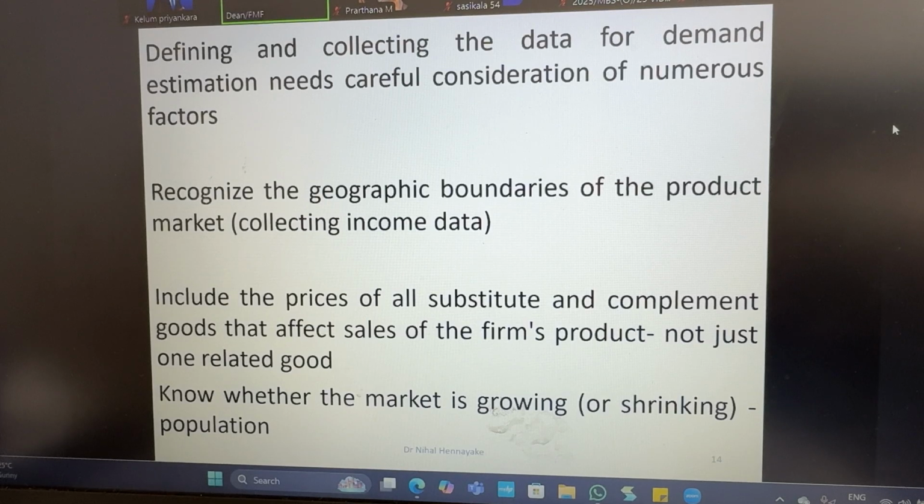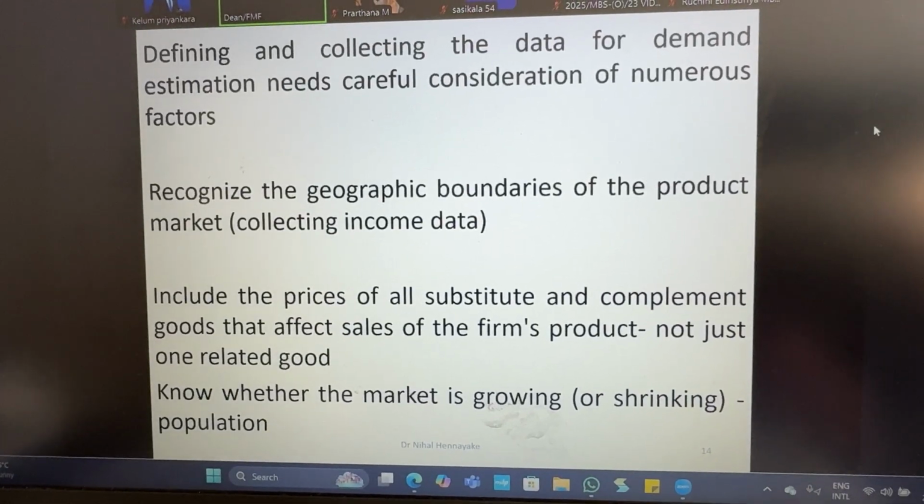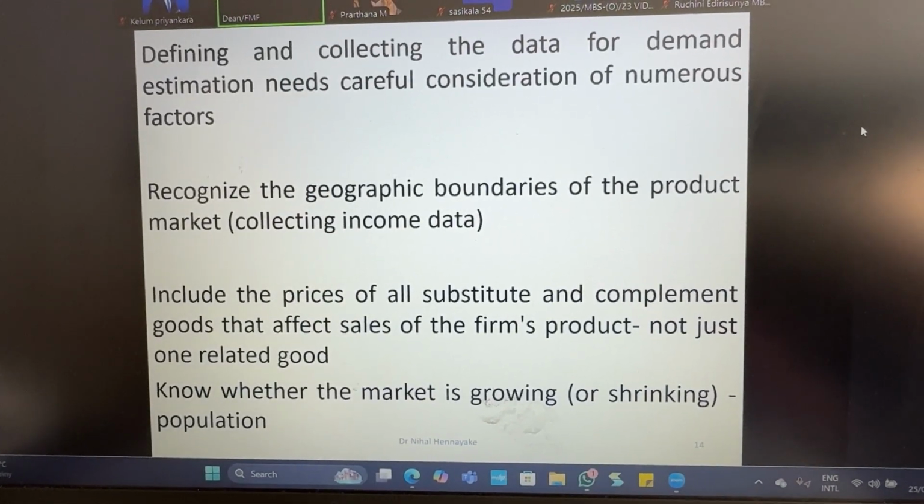After that, I will ask you to estimate the demand. So selecting a product and collecting the data is not a very simple thing. You have to think clearly. Defining the product is also challenging.